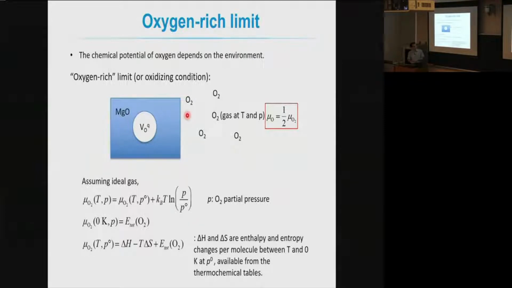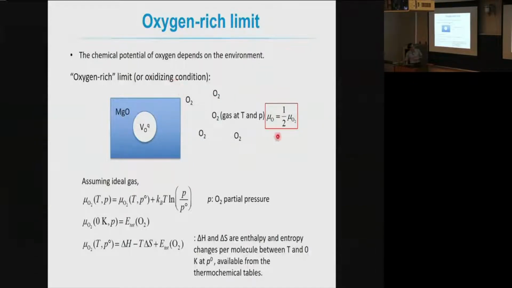All right. So here there are two extreme limits. The first one is the so-called oxygen rich limit. In this case, your magnesium oxide is surrounded by, or at equilibrium with, oxygen gas at a certain temperature and certain pressure. So there is so much oxygen that it is an oxidizing condition.